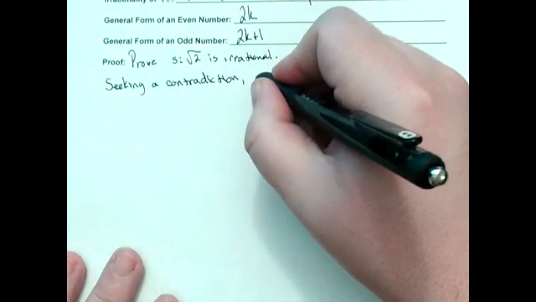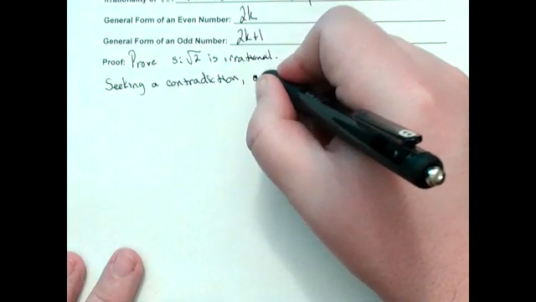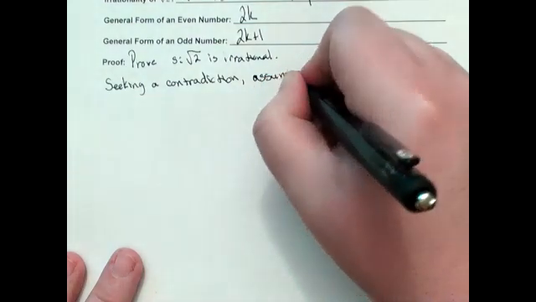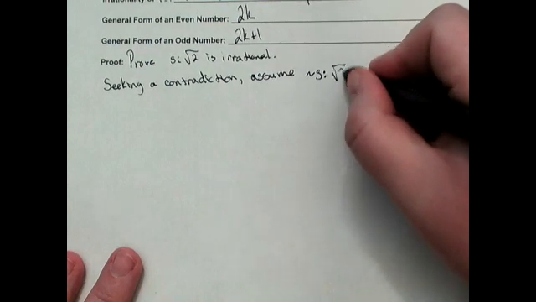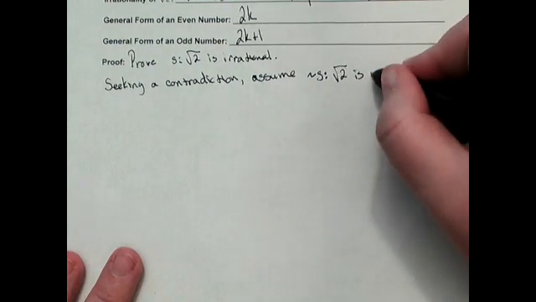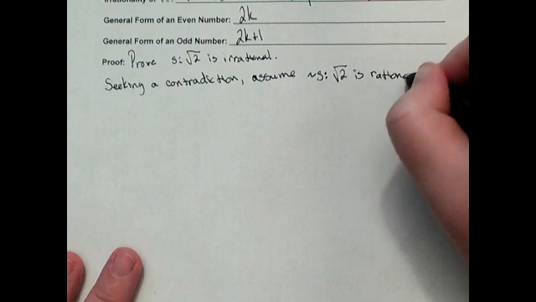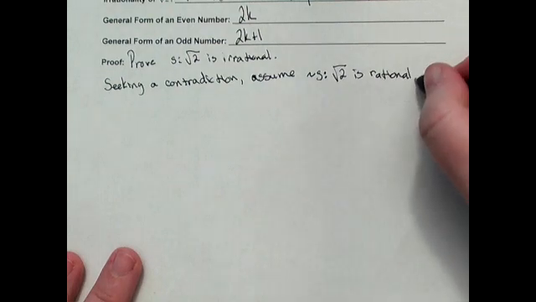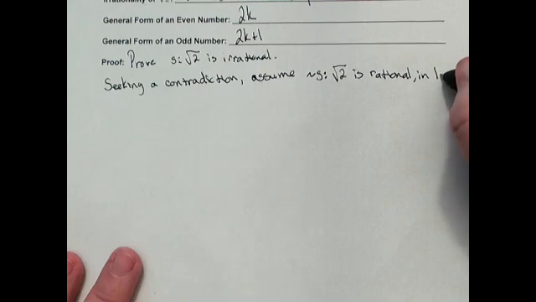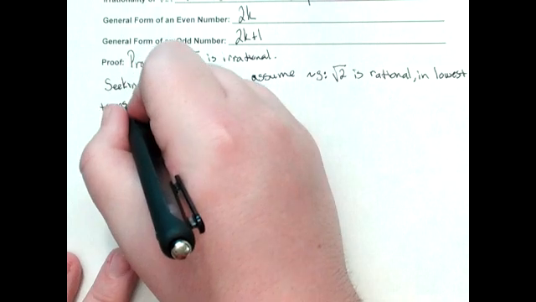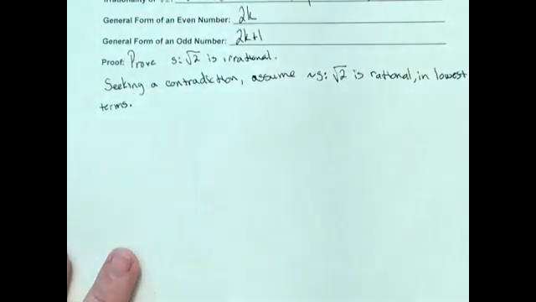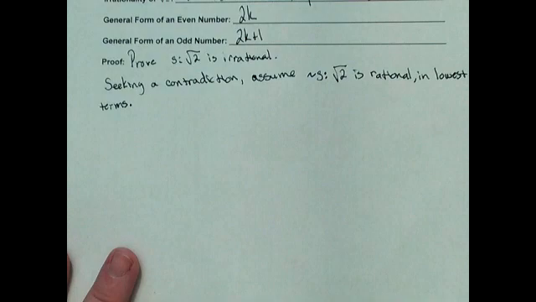We're going to suppose, or we can say assume, not s is true, meaning that the square root of 2 is rational, in lowest terms. We haven't really talked about what that means. It just means that it's reduced as far as it can be. There is no common factor in the numerator and denominator of the fraction.